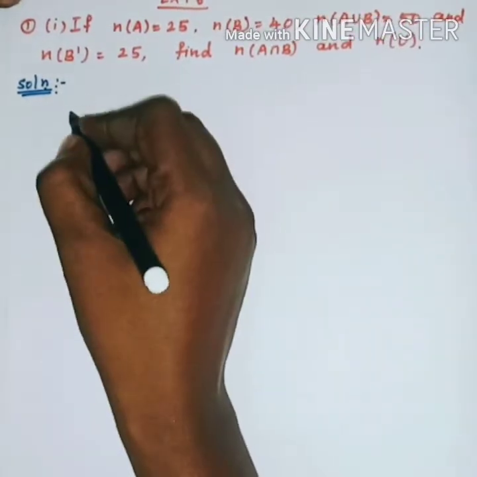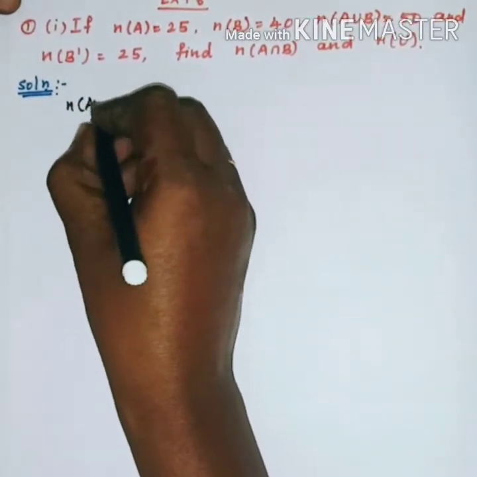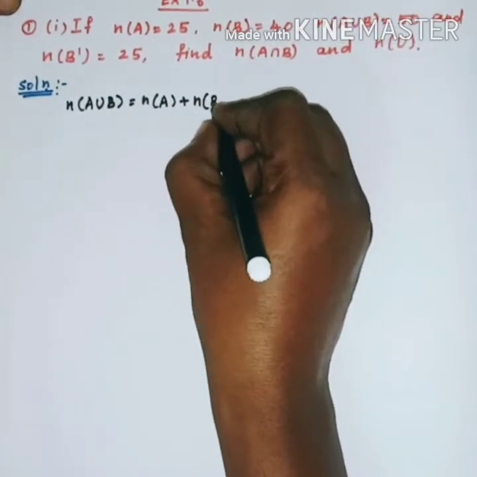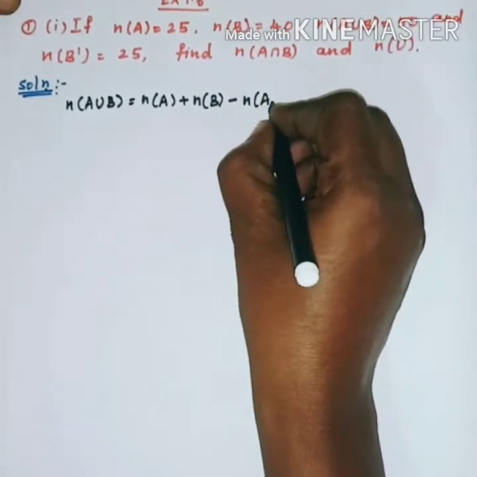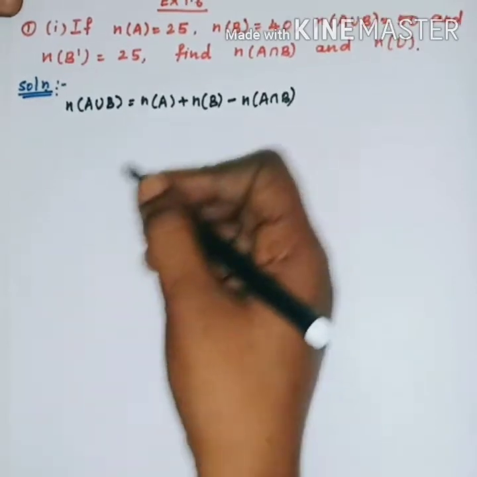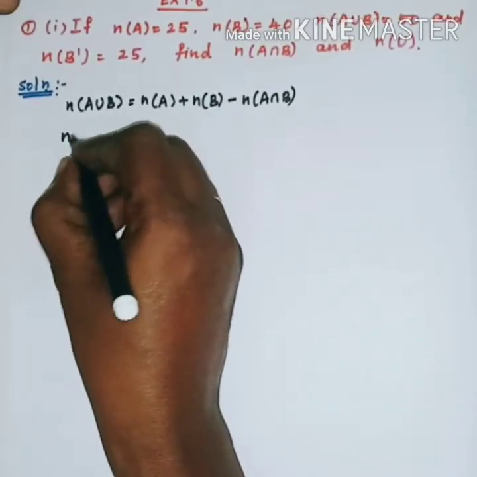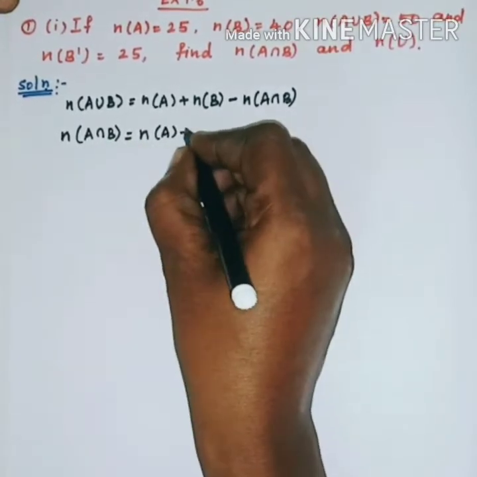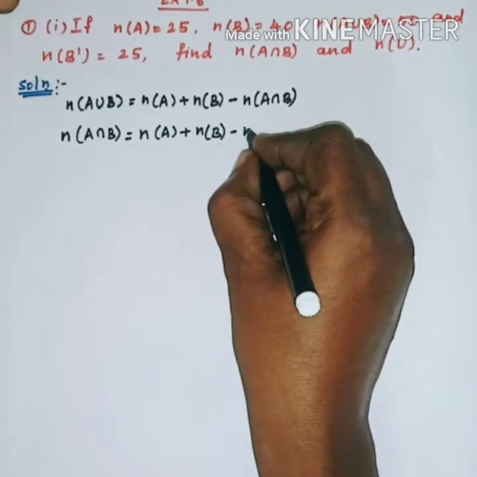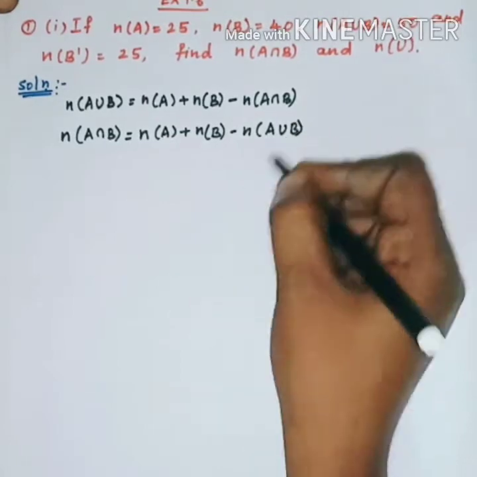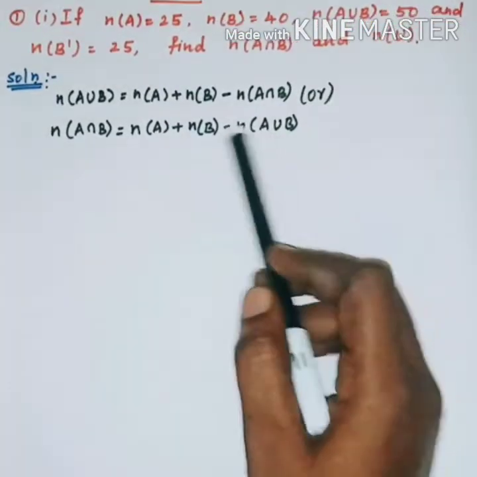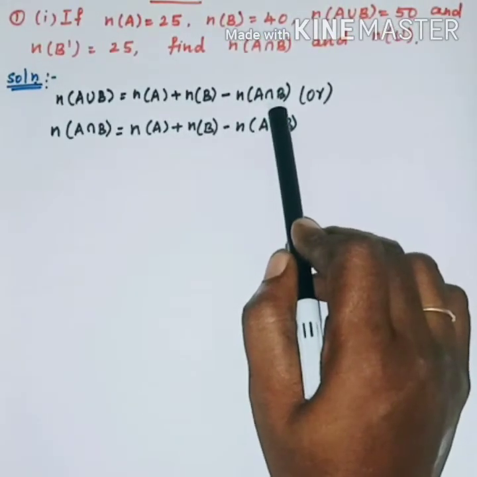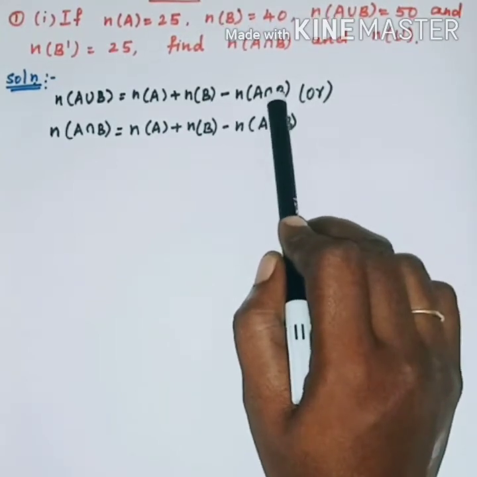Solution. We know the first result is n of A union B is equal to n of A plus n of B minus n of A intersection B. We write this result as n of A intersection B is equal to n of A plus n of B minus n of A union B. If the left hand side we have union, then on the right hand side intersection will come.